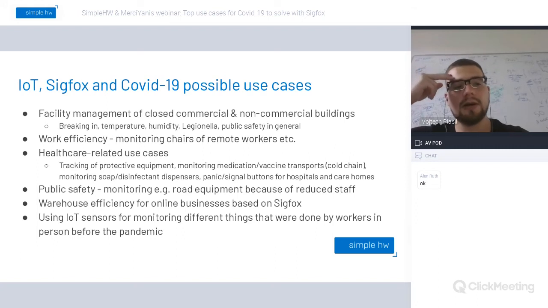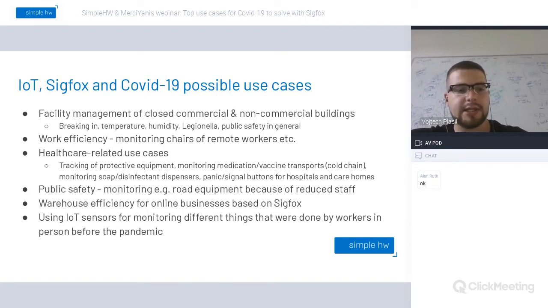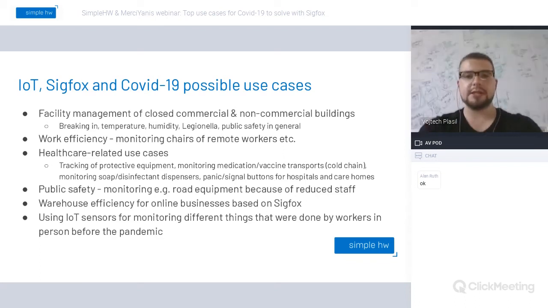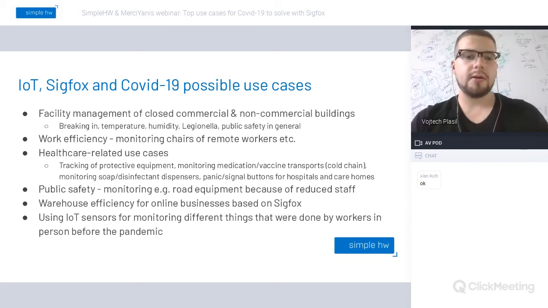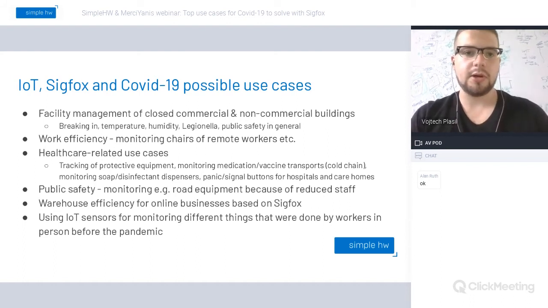Public safety is a point that is not as major as the rest of the other ones, but I think it's worth noting, because I think that a lot of public services will require fewer people to do manual work in person.